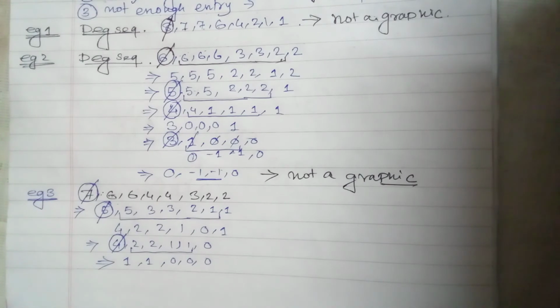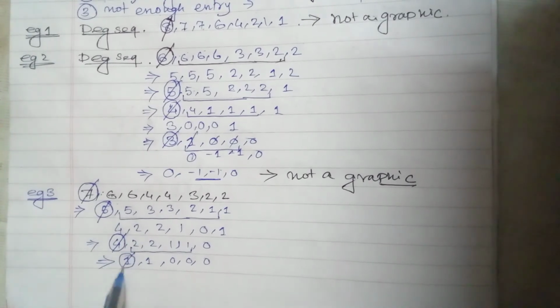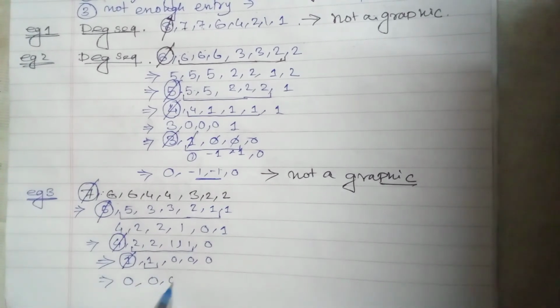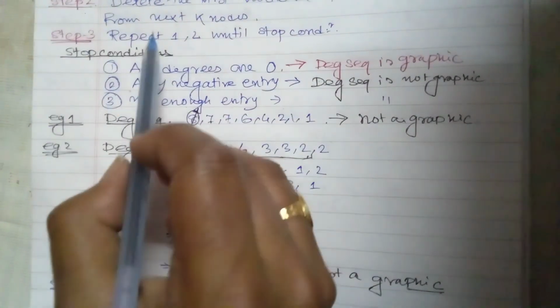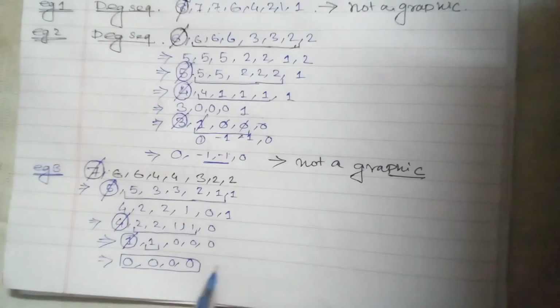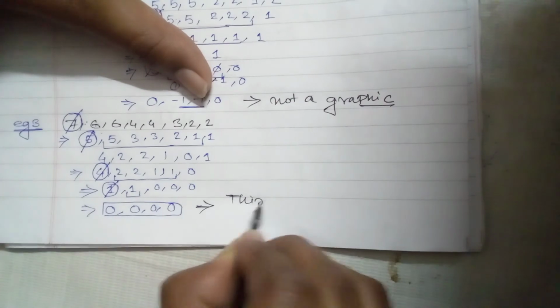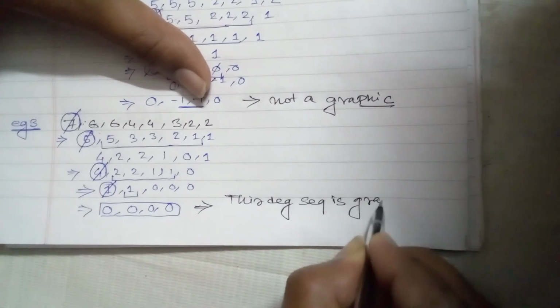This is already in non-increasing order, so we select the first vertex, and as it is 1, we select 1 and subtract 1 from it, so that we have 4 zeros. According to stop condition 1, if all the degrees are zeros, we can see the result is here. So we can conclude that the sequence is graphic. I think everything is clear to you.